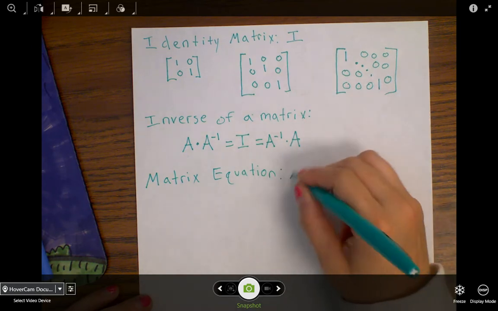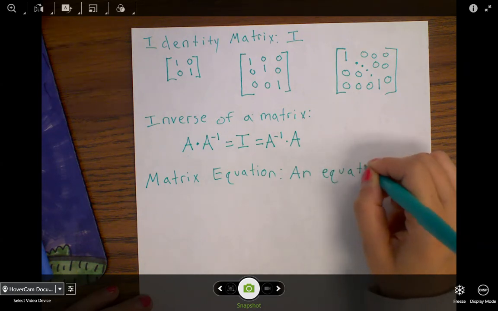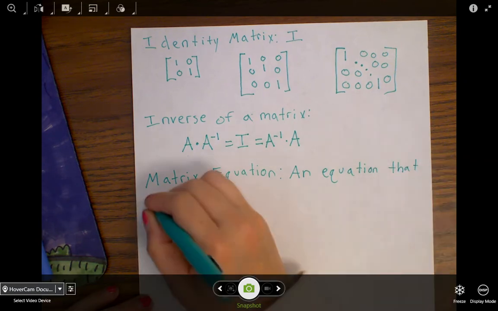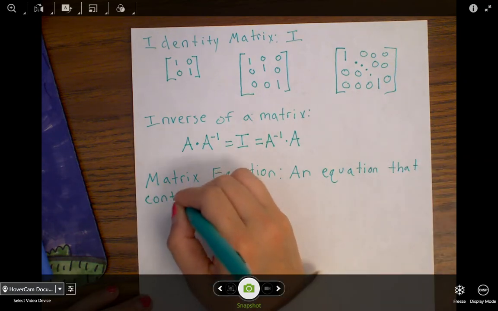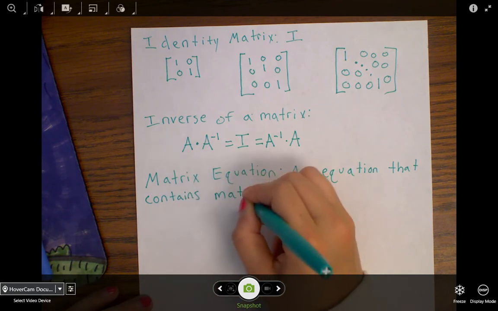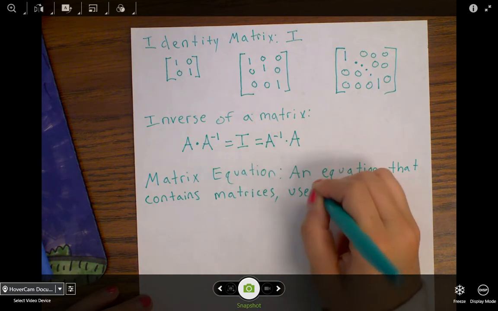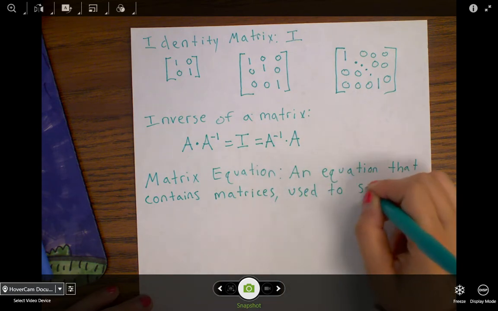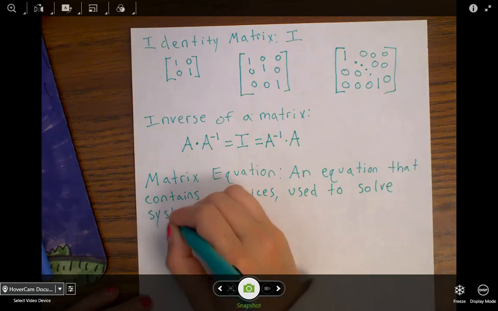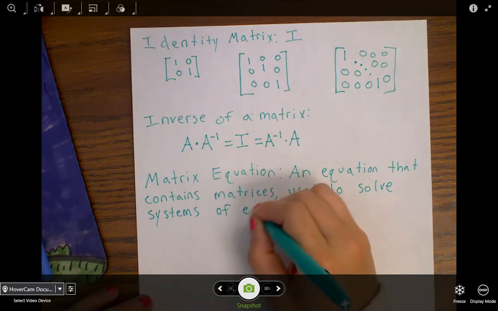It is an equation that contains matrices, and we're going to use it to solve systems of equations.